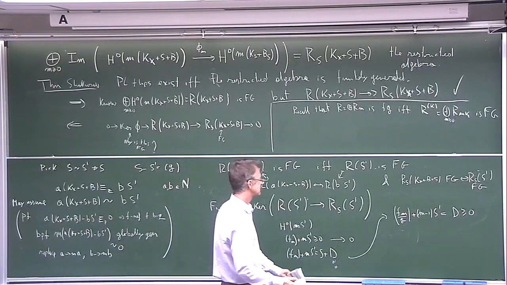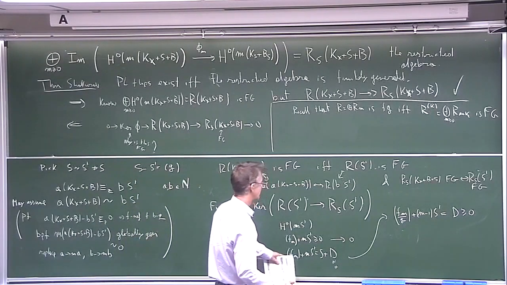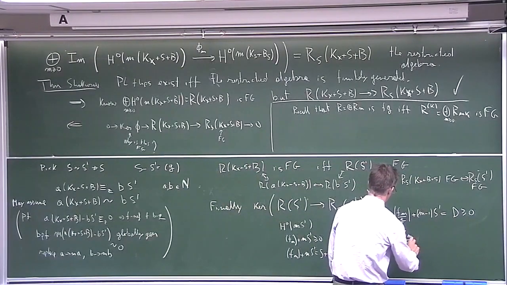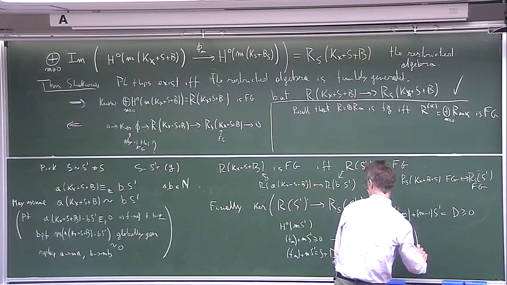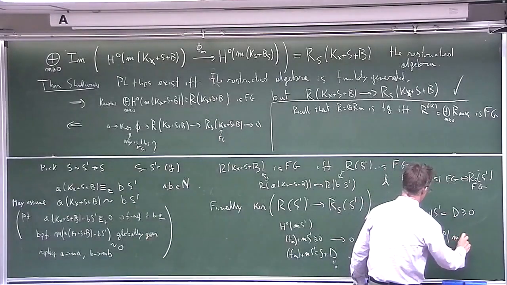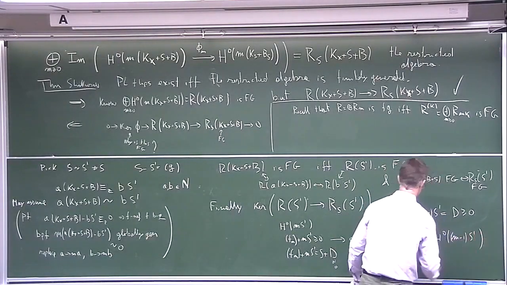Okay, so what is this saying? This is saying that this element of the kernel, so this means that Fm over G corresponds to an element of H0 of m minus 1 S prime.